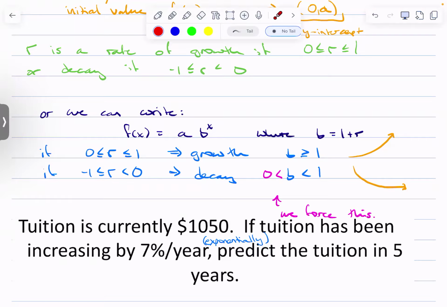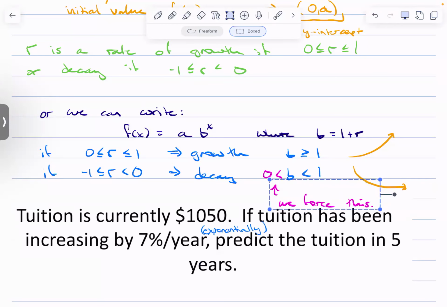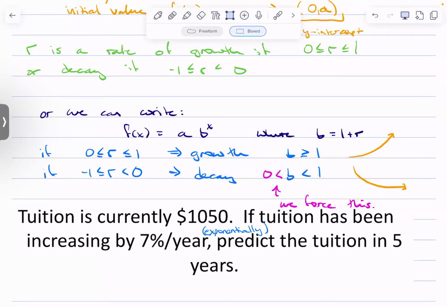And I've got a note saying that we force this b to be greater than 0, because the rate can't be less than -1. But we do force that, just to be clear, that b has to be greater than 0.